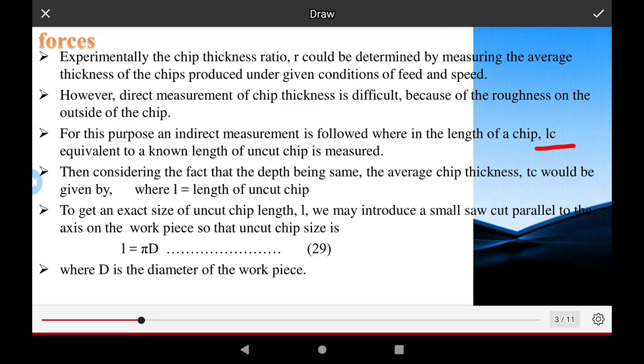The average chip thickness tc could be given by this, where l is the length of the uncut chip. The exact size of the uncut chip length l is pi d, where d is the diameter of the workpiece.